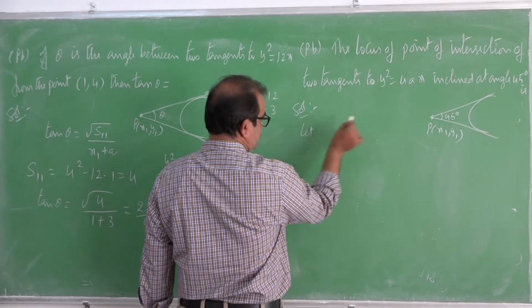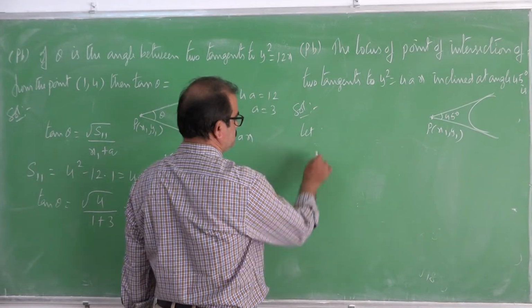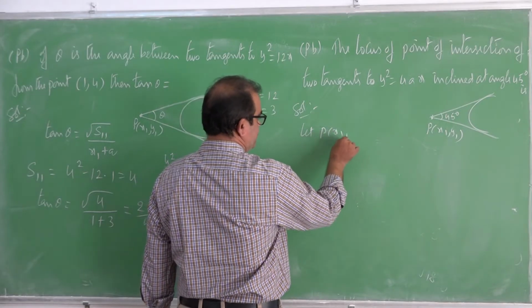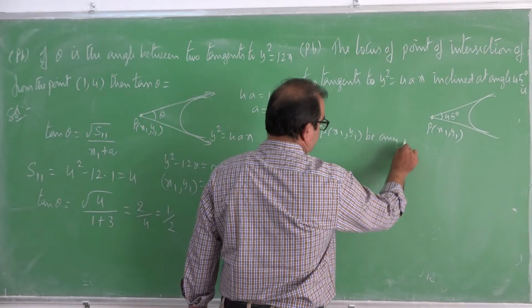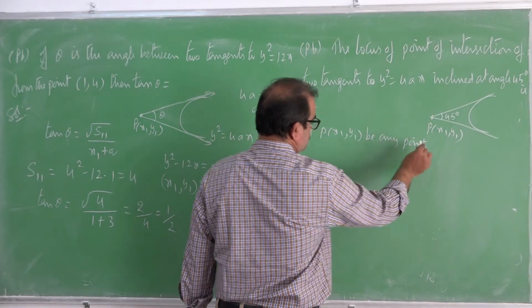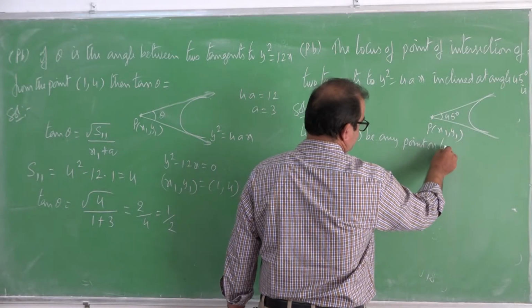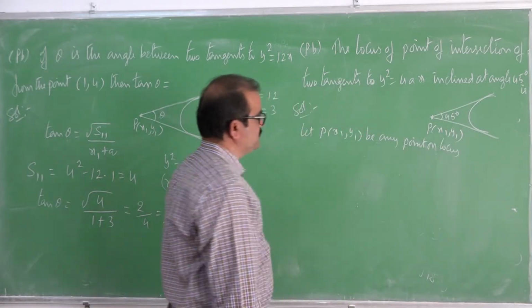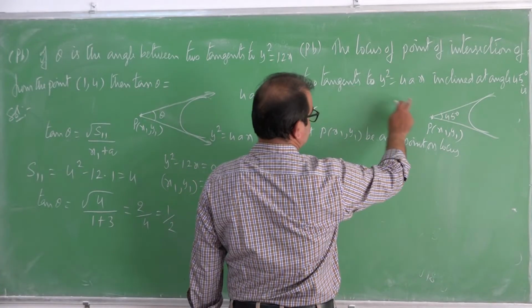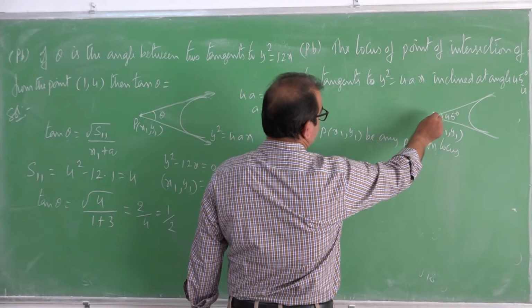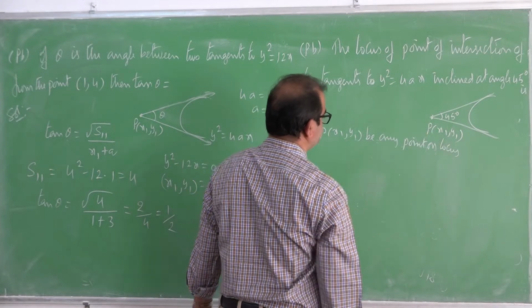Right. First draw the diagram. Let P(x1, y1) be any point on the locus. This point is the point of intersection of tangents to the parabola.